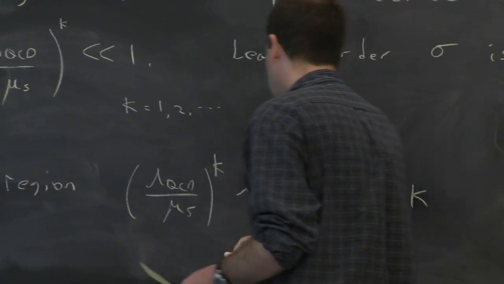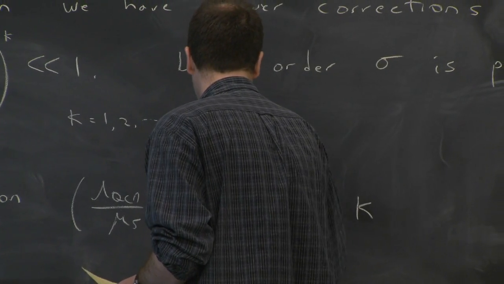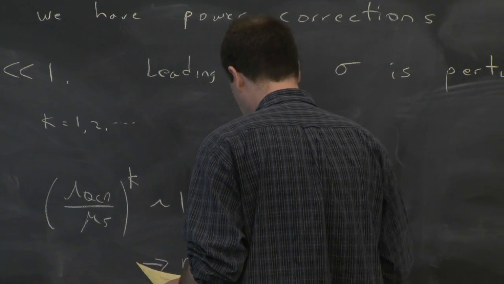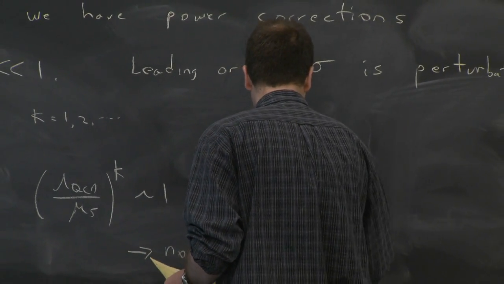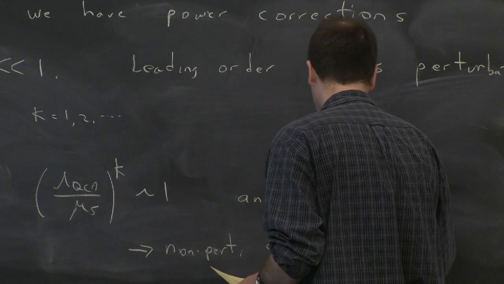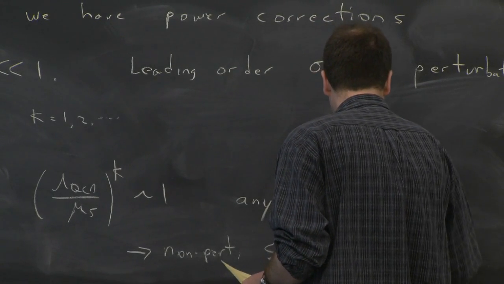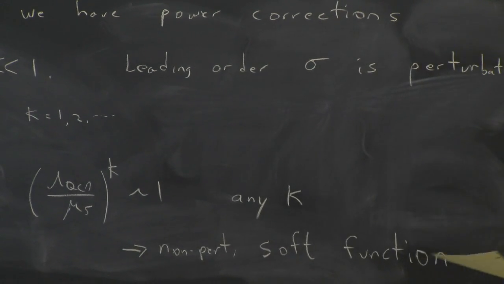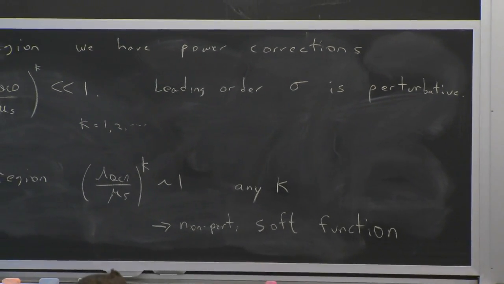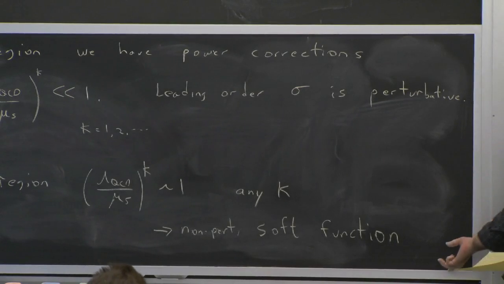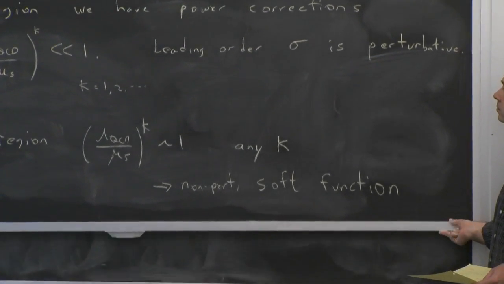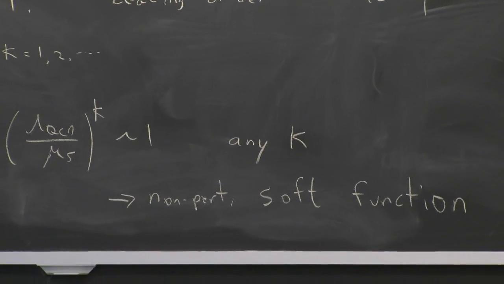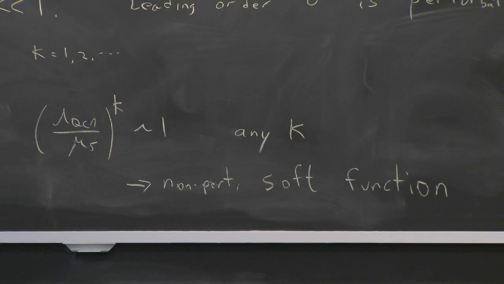That ends up meaning that there's going to be some non-perturbative function, like a parton distribution function in the sense that it's non-perturbative, that describes part of what's going on in this region. We just see that from our power counting. Our power counting already tells us that that's what's going to happen. So we can learn a lot just by thinking about the scales in the problem and the power counting.